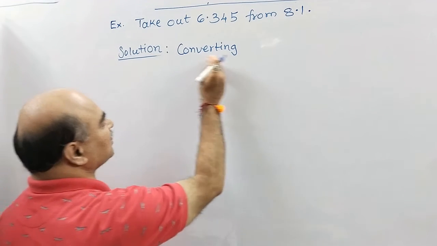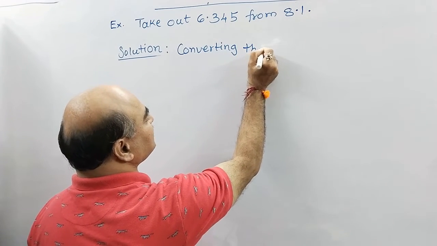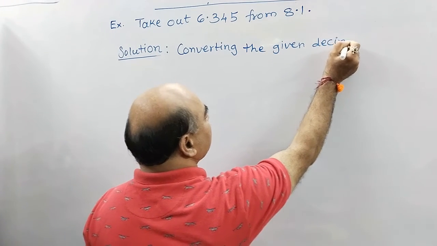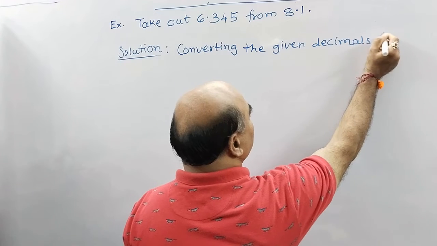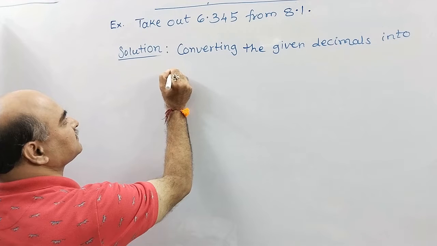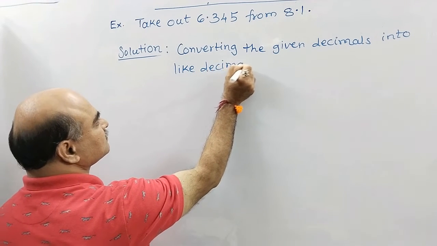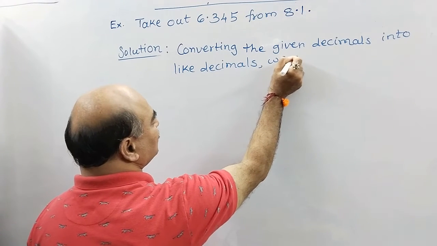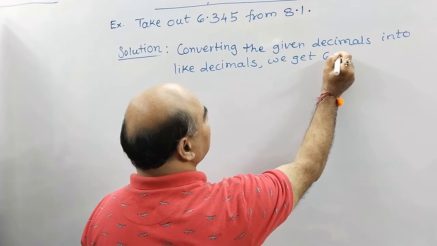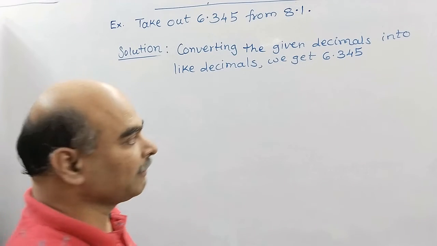So first of all, we have to convert these decimals into like decimals. The first decimal is as it is because it has the maximum number of decimal places, that is 3.